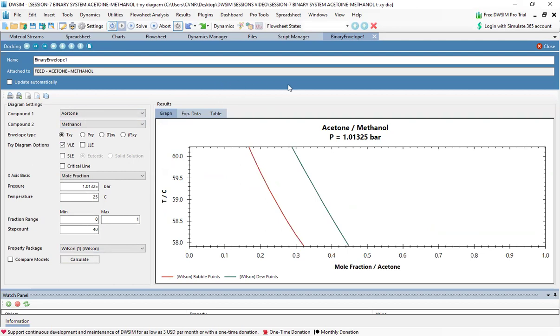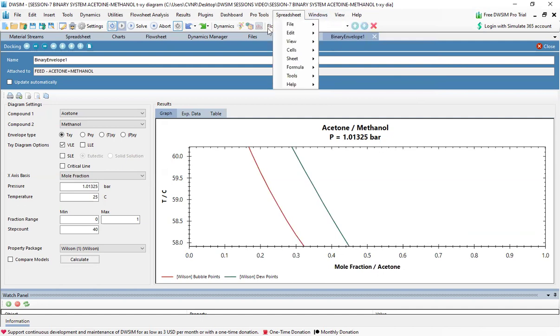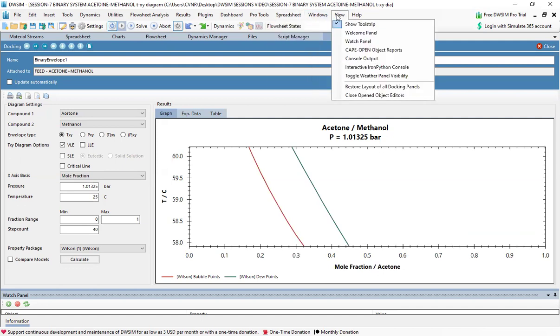Zoom out. Okay. Let us go to zoom out. So where will be zoom out? It will be in view. Let's go to view somewhere. Okay, one second.